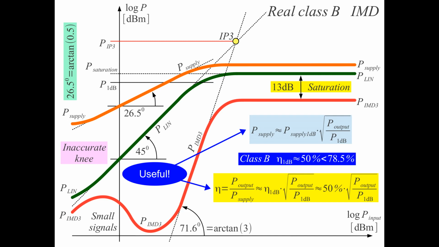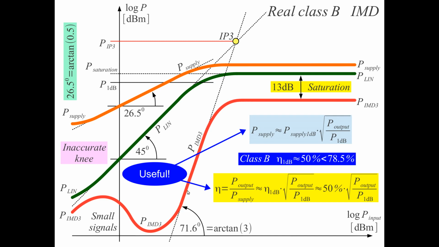All this also has an effect on the intermodulation power generated by a class B amplifier. In saturation, all amplifiers behave the same. Class A, class B, class C, they are all similar.